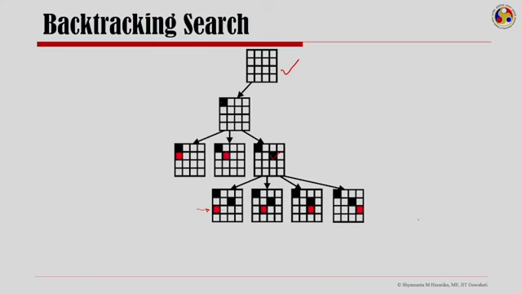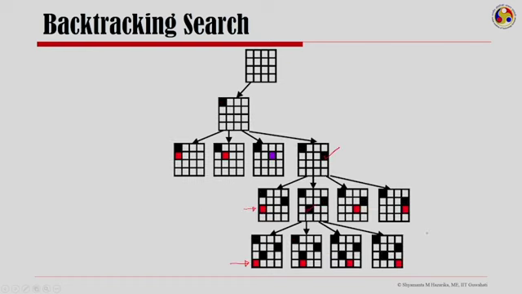Let me repeat this very quickly one more time. So, we had some legal positions up to this level, and when we tried for the third level, we could not have a legal position. So, we backtracked and started with an alternative in the second position.